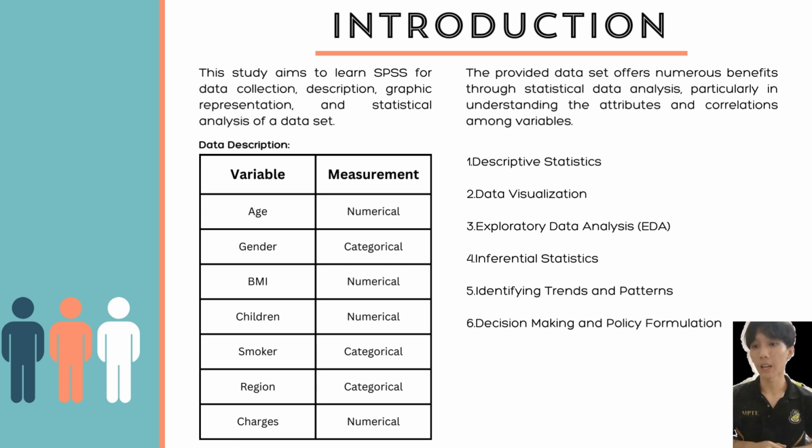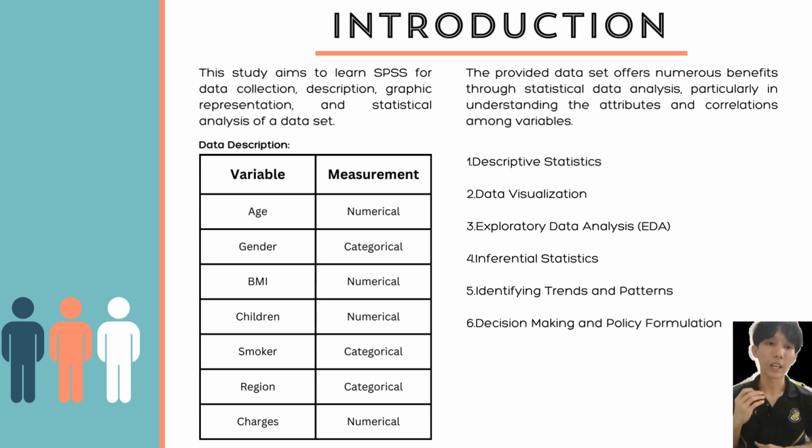The second is data visualization. Histogram, box plot, bar chart, and pie chart are useful tools for visualizing numerical values, identifying outliers, and displaying categorical frequency in datasets.